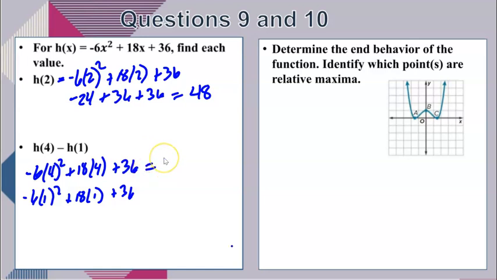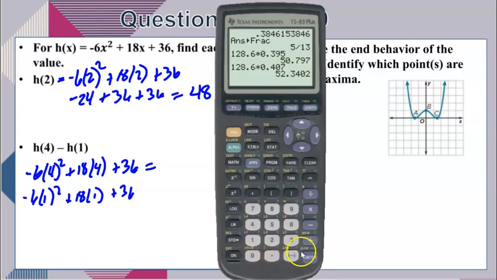So first off, let's get our calculator again. So we have a negative 6 times 4 squared, plus, I'm going to put in parentheses 18 times 4, and parentheses plus 36, and this is going to give us 12.